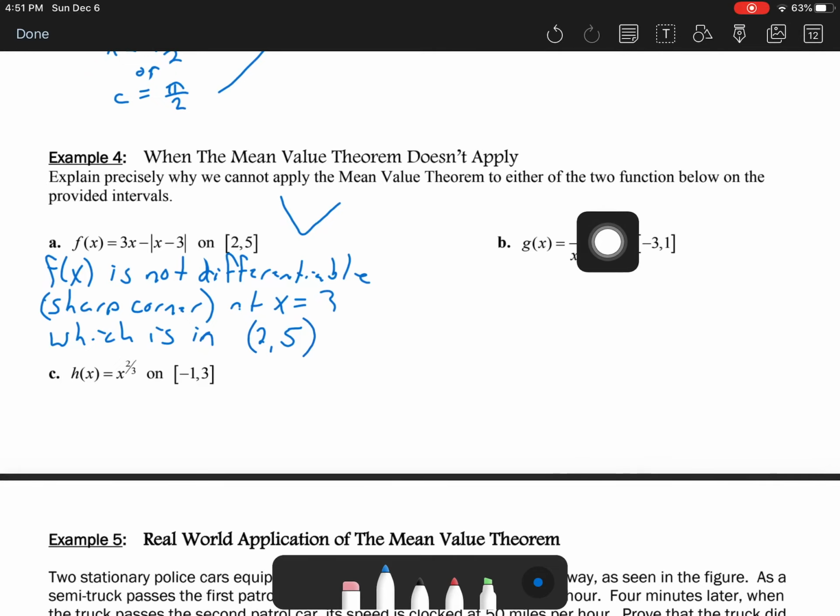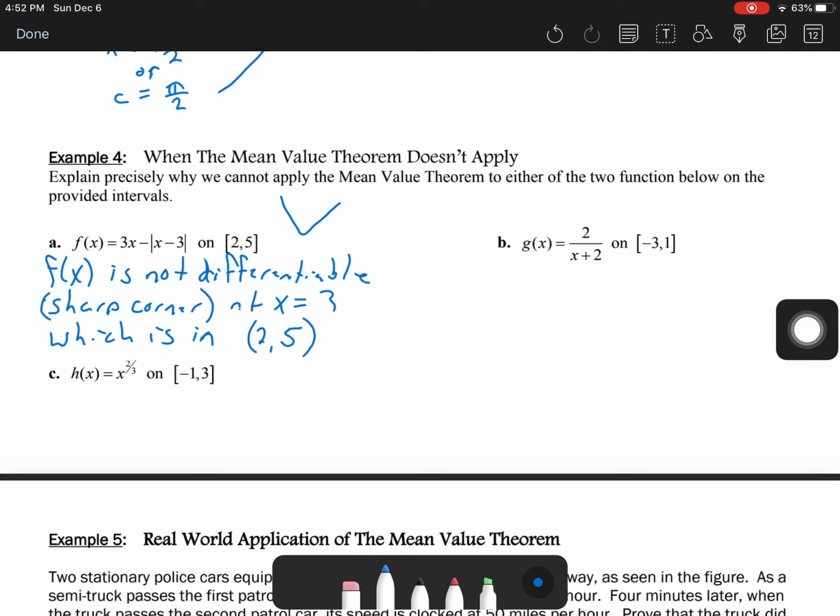Continuity red flag is that you have a rational function, and we know that we're going to have an asymptote, which is a discontinuity, and does it occur in this interval between -3 and +1? Well, I can see that it occurs at -2, because when I put a -2 in there, I'm going to be dividing by 0. That's undefined. We get our vertical asymptote, and -2 does fall in this interval.